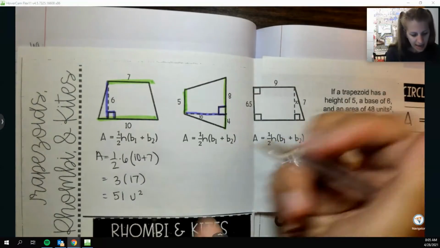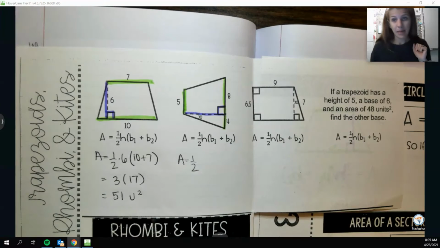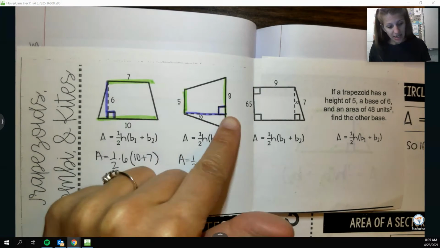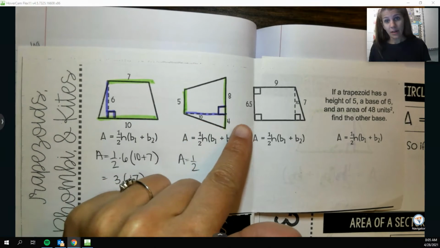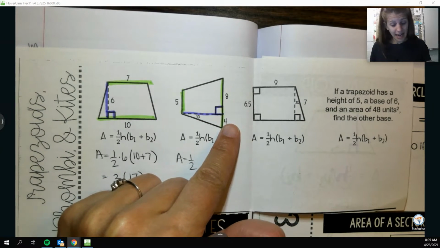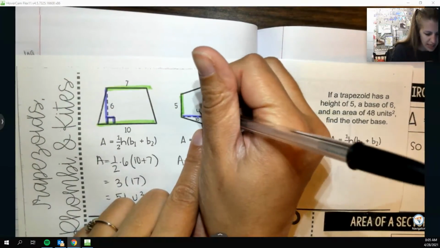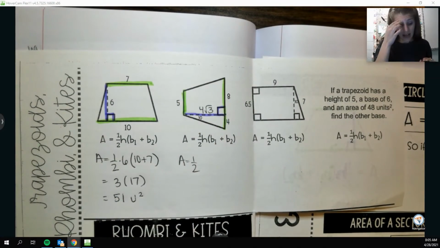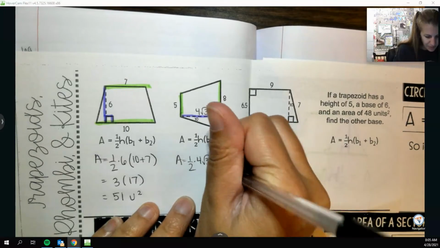And so this time, unfortunately, I do not have my height labeled for me. However, I do have this 30-60-90 triangle right here, where the side opposite the 30 is the smallest side. And so the one across from 60, which is the one that I need, will be root 3 times as much. So we'll have that our height is 4 root 3.